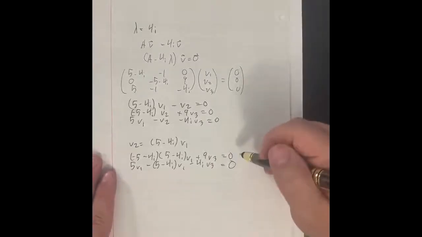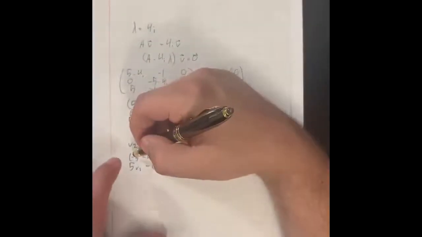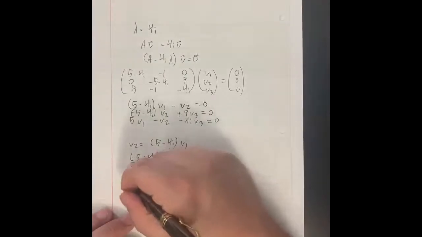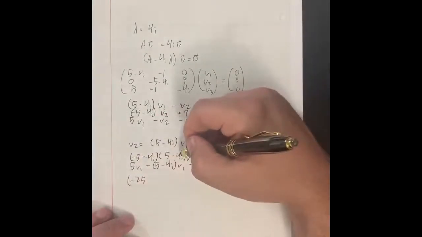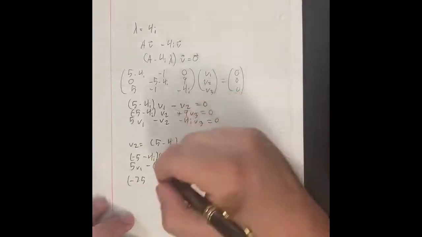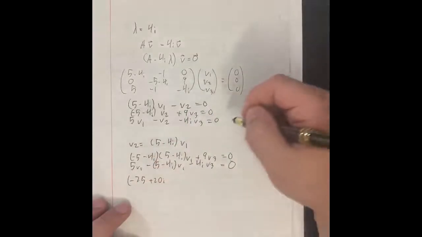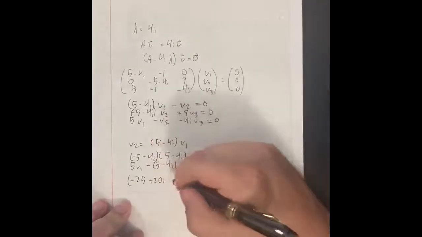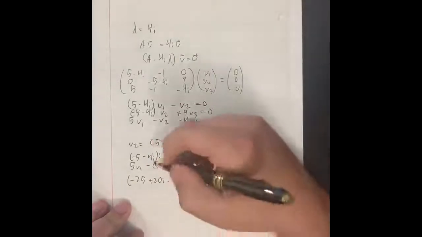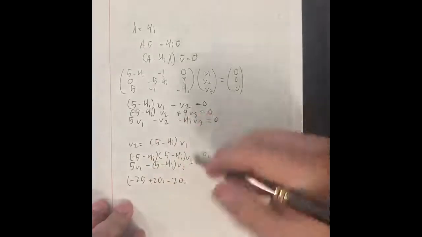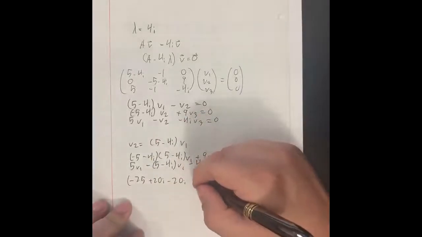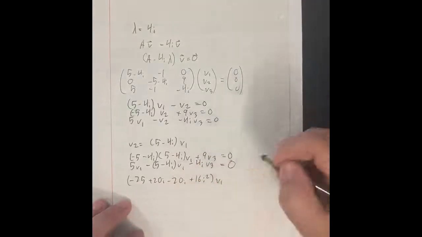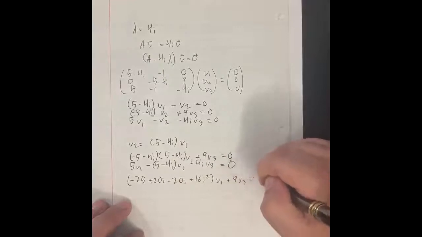All right, so now let's try and simplify these equations. So we have minus 5 times 5 is minus 25. Minus 5 times minus 4i is plus 20i. And then we have minus 4i times 5, which is going to be minus 20i. And then we have minus 4i times minus 4i, which is going to be plus 16i squared, v1 plus 9v3 equals 0.